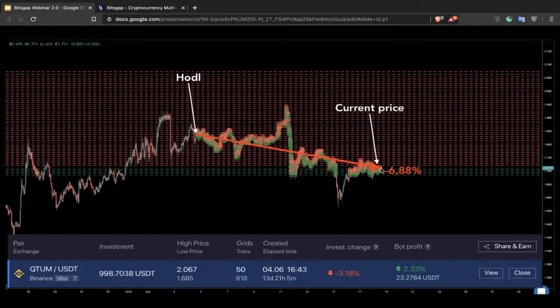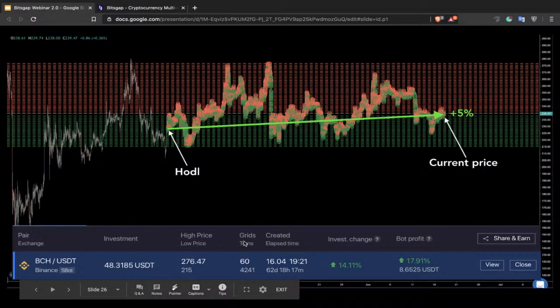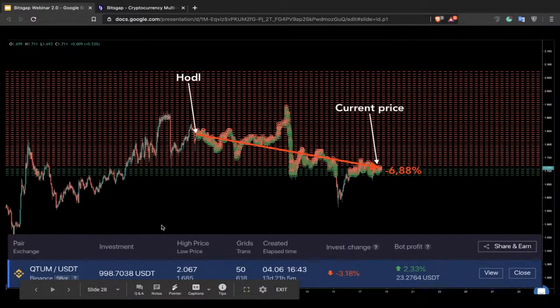That's minus 6.88%. But having automated trading on, and that means that you let the bot use the base currency, in this case quantum, to generate profits for you in USDT. Notice that within this period there have been 600 trades in total, and that allowed the bot to generate 23 USDT, so that's 2% to our investment.